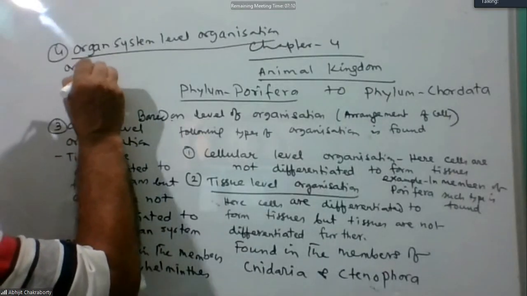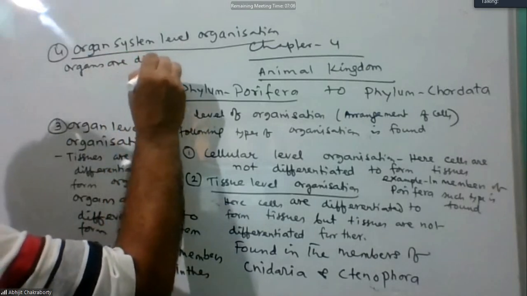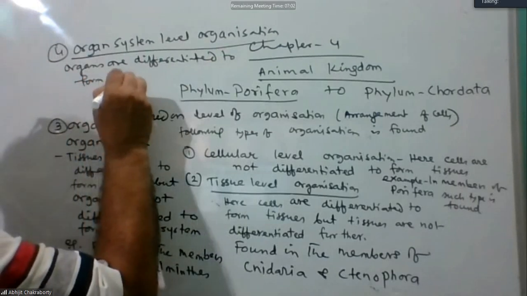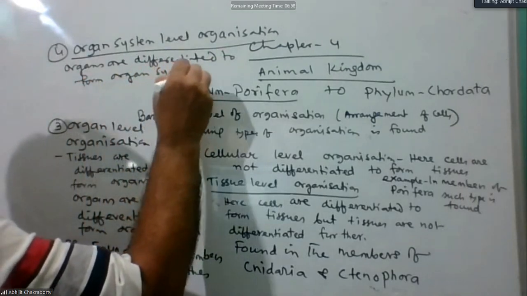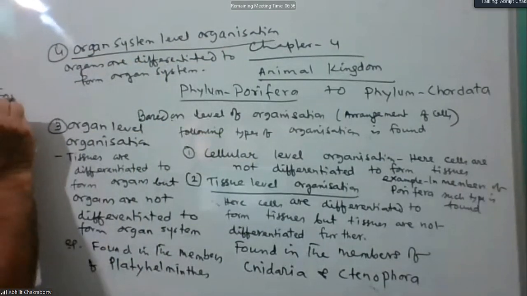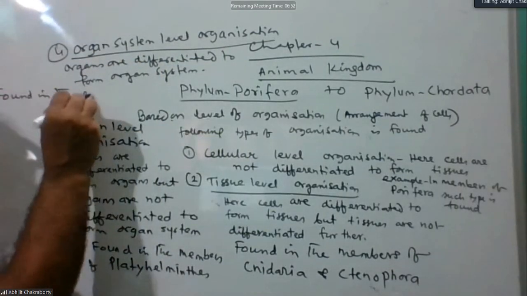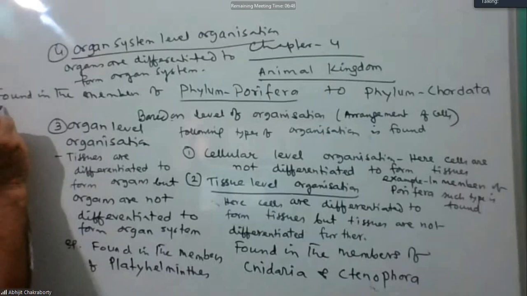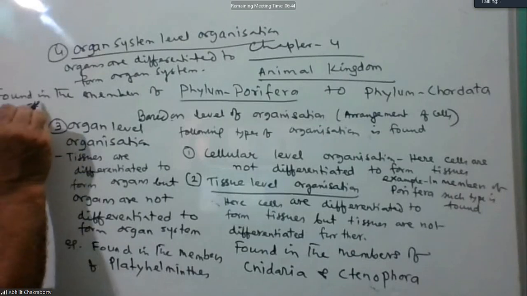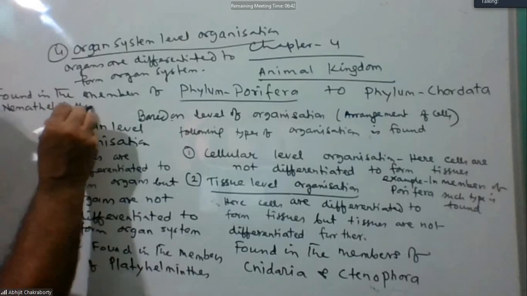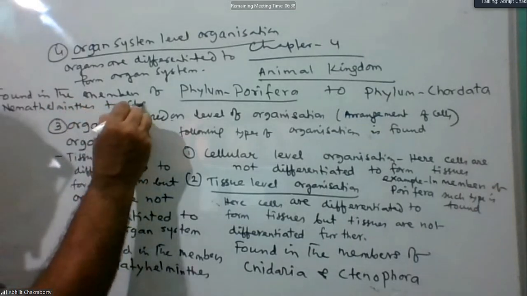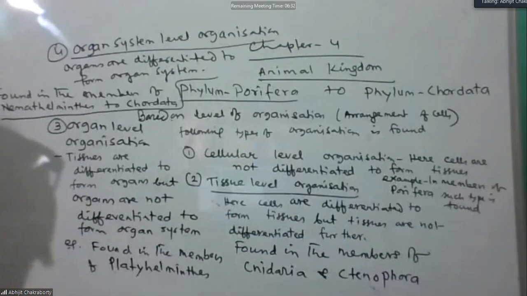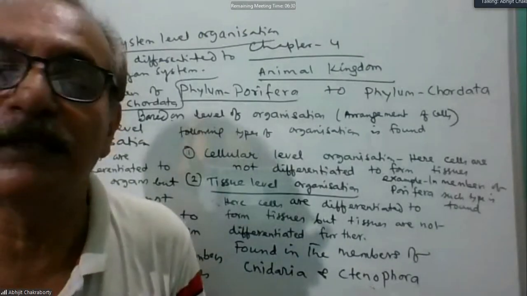Organs form organ systems, found in the members of Nemathelminthes to Chordata. So from Nemathelminthes onwards, we are getting organ system level organization.